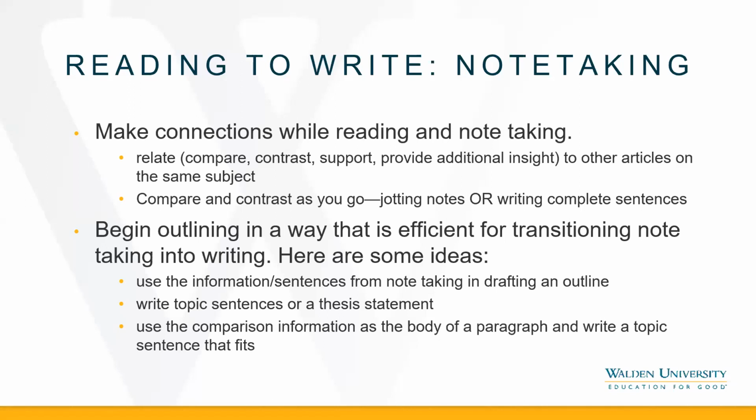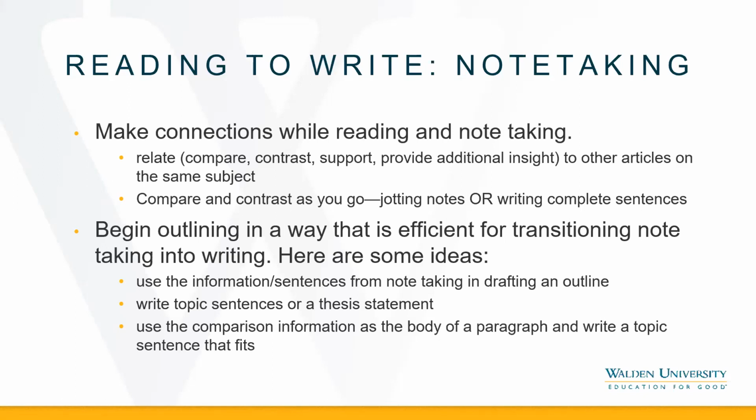So use the information sentences from note-taking in drafting the outline. Sometimes I will use really messy notes, and then I'll have a separate document with an outline, and I'll start to copy and paste into different sections. That helps me to see where there are duplicates, and it helps me to see where I'm going and get a start on writing. So write topic sentences or thesis statements.